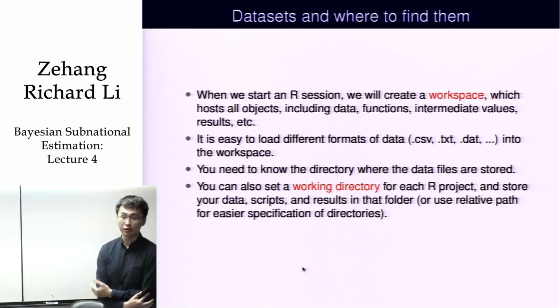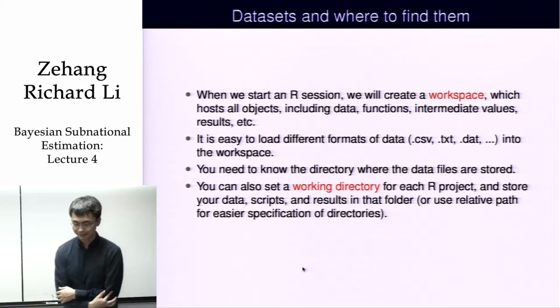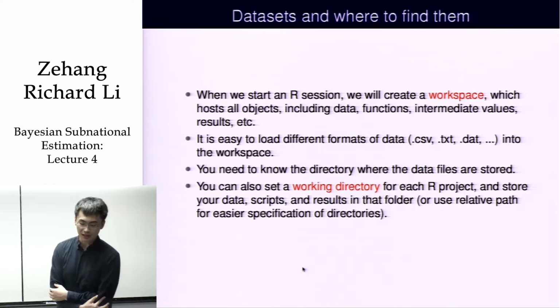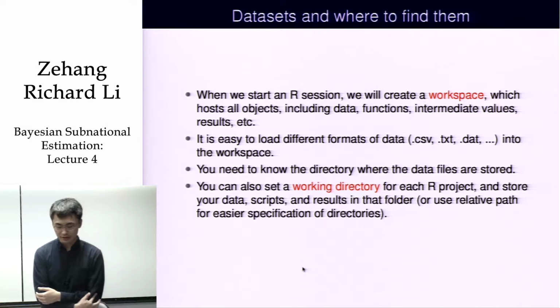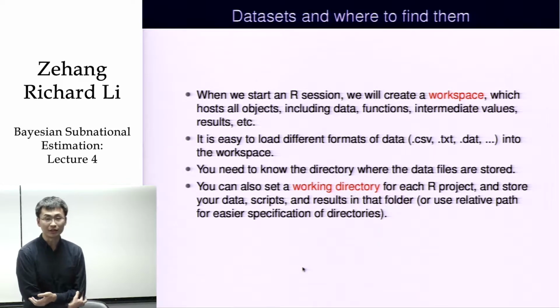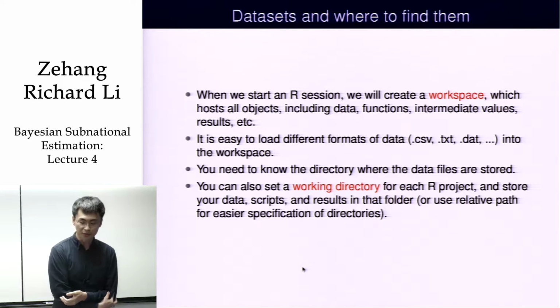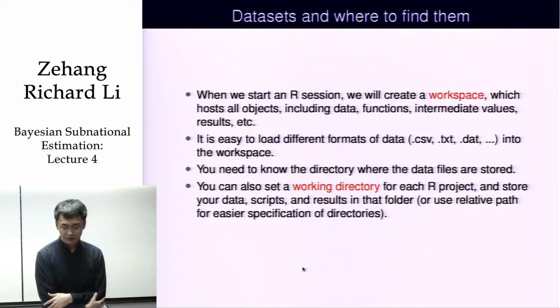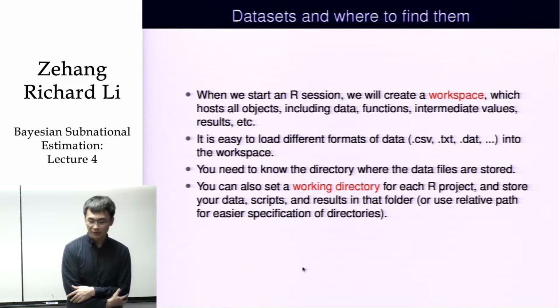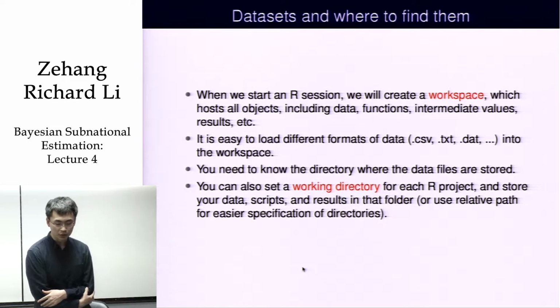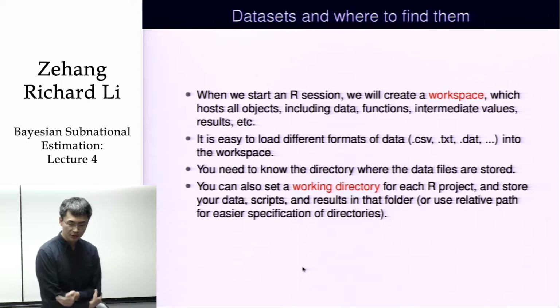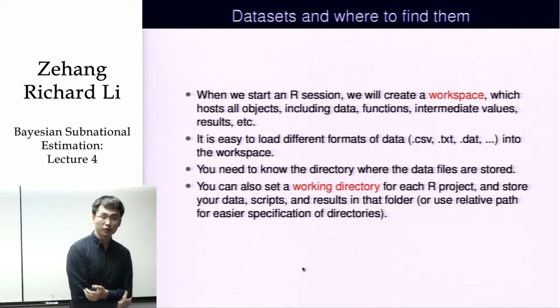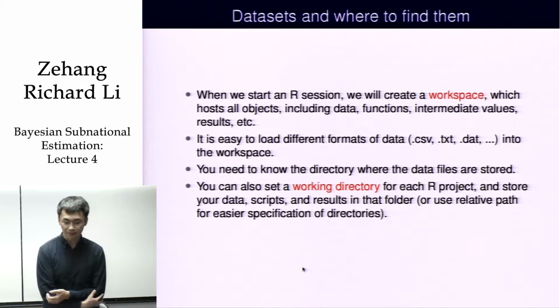And of course, since you need to load in the data, one thing that can typically be a little bit confusing for new users of R is that you need to know the directory of the data. So basically where your data lives on your computer. So the way we're going to work in this set of lectures is that we're going to specify something called a working directory. So whenever I create a new R project, I will set the working directory to the folder where most of the things live.